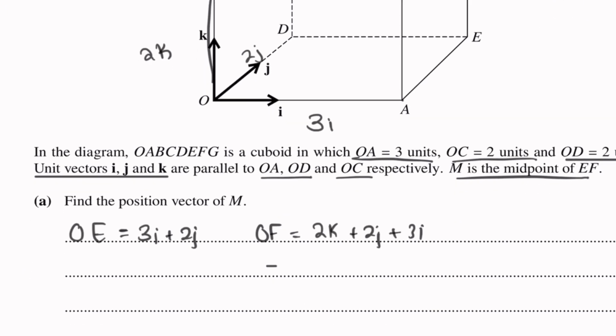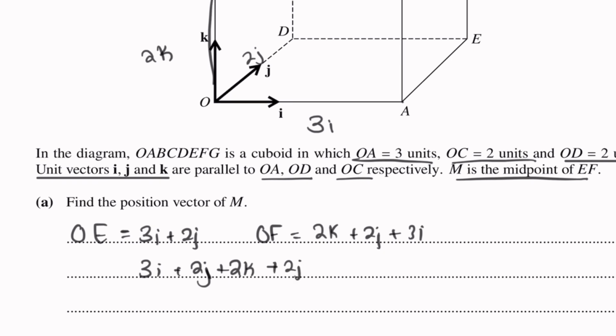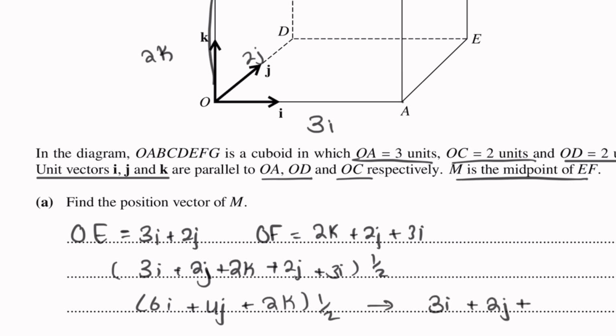If you add them together and divide them by 2, did I say 2i or 2j? No, it's 2j plus 3i, and the whole thing times 1/2. So you get 6i plus 4j plus 2k, and the whole thing divided by 2 is going to be 3i plus 2j plus k, and that's equal to the position vector of M.